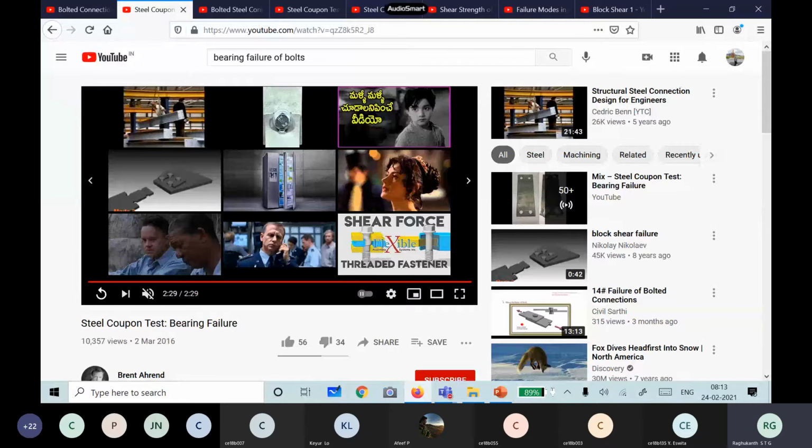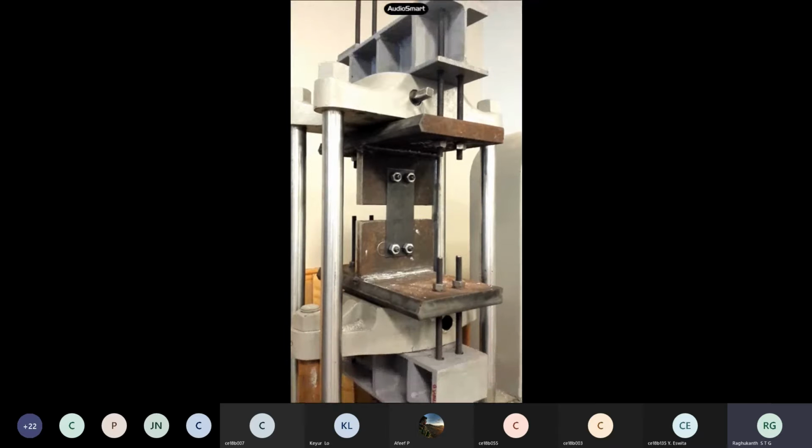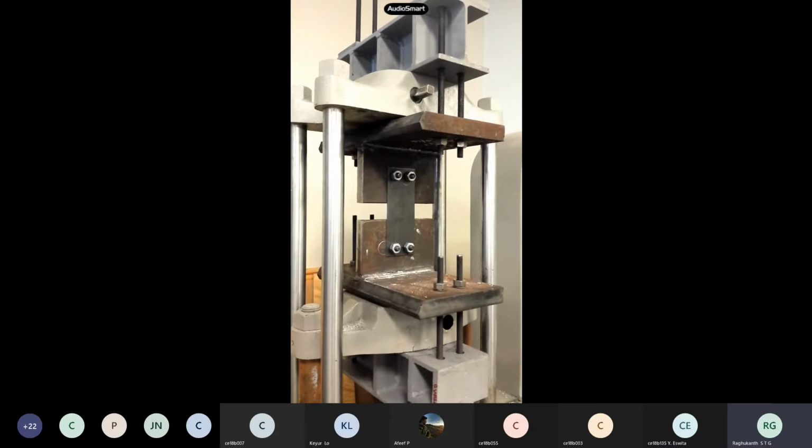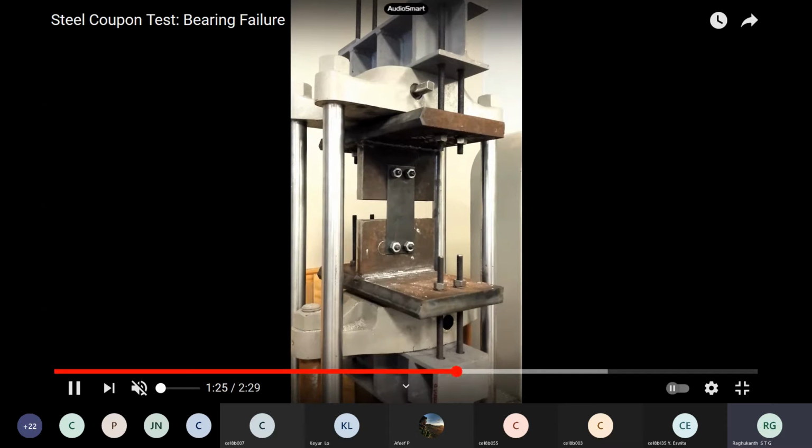Now let us see the bearing failure also. This will show you how the bearing failure happens in bolted joints. You can see the bottom two bolts.